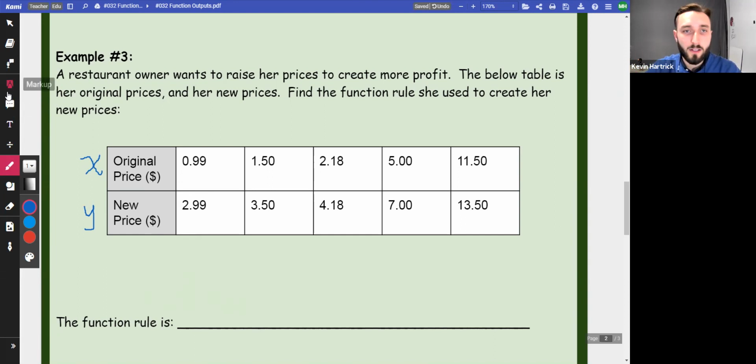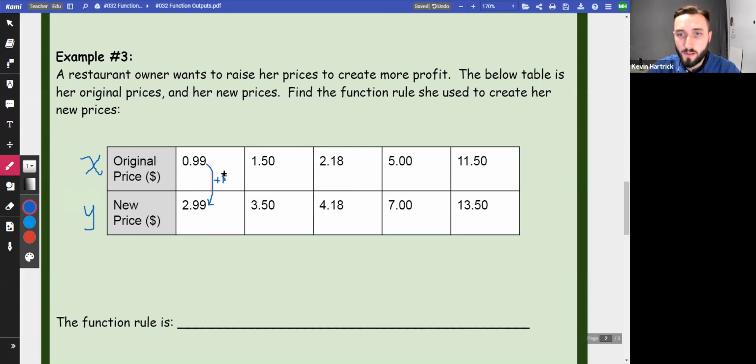So we got to take a look at each individual price and try to figure this out. So let's look at the first one. The input, or the original price, was 99 cents. And then once it went through the function rule, it came out a new price of $2.99. So it looks like from here to here, we went up $2, right?